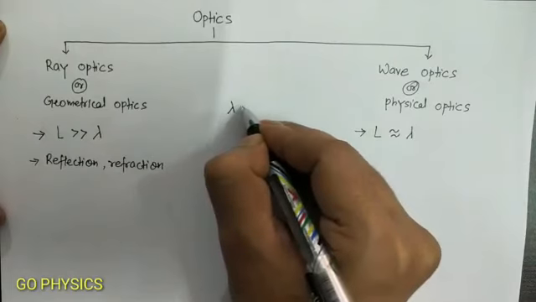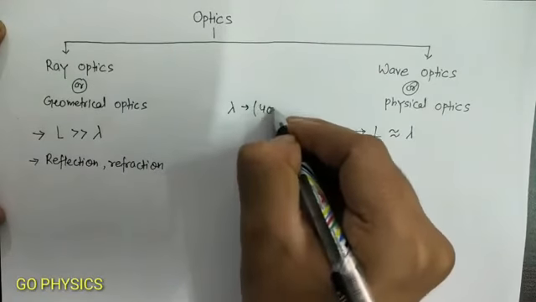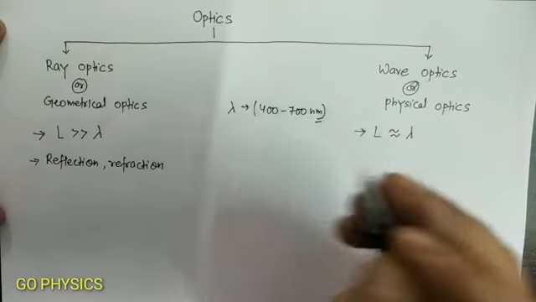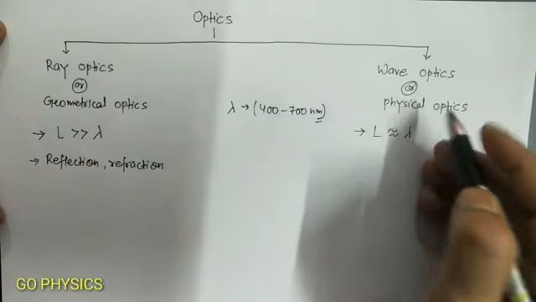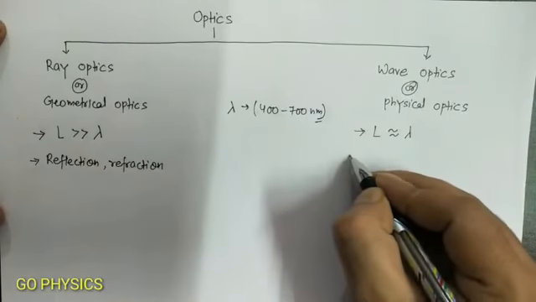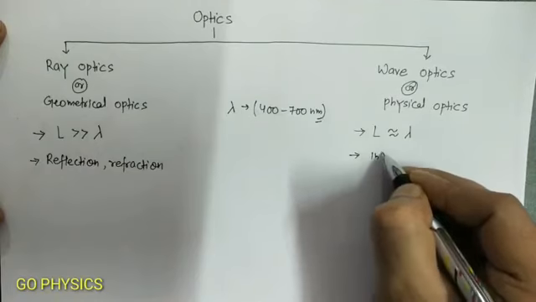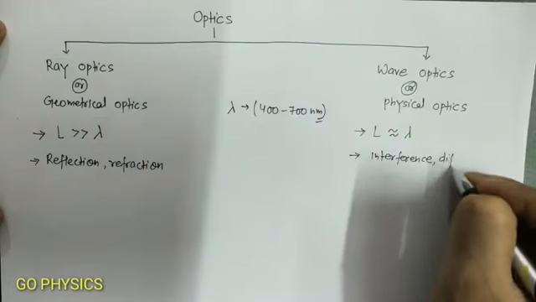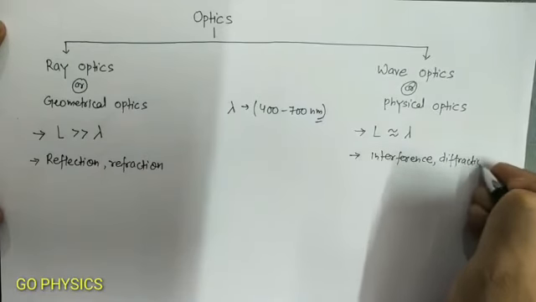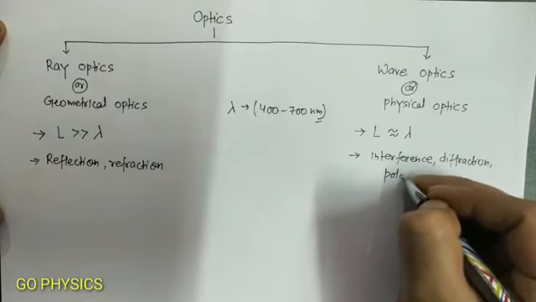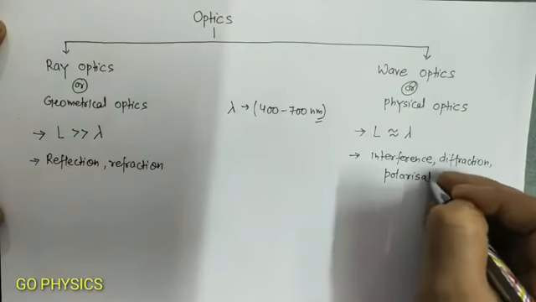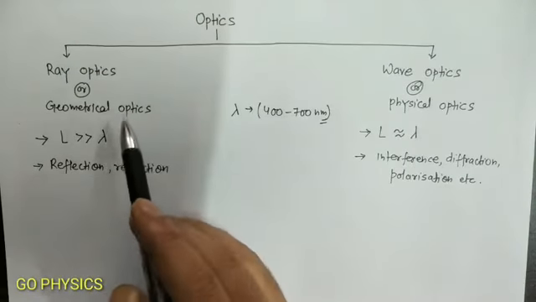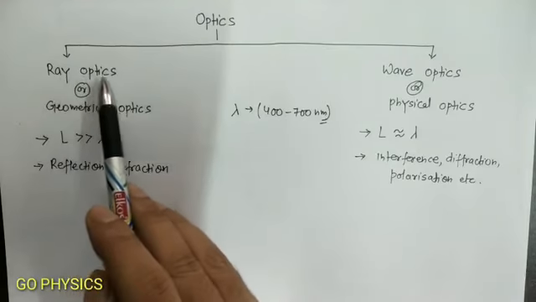The wavelength of light, we know, lies between 400 to 700 nanometers. In wave optics, we study phenomena like interference, diffraction, polarization, etc. So first we are going to start with ray optics.